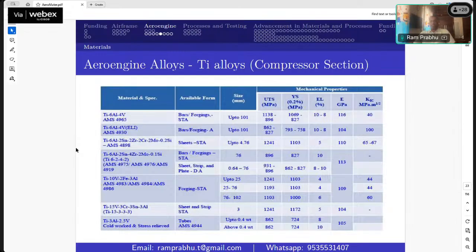Okay, which titanium alloys or what grades of titanium alloys are used in a typical aircraft or aero engine? Titanium 6 aluminum 4 vanadium, that is Ti64, an alpha-beta titanium alloy, is the single workhorse. 95% of the titanium alloy usage in the aero engine is this alloy.